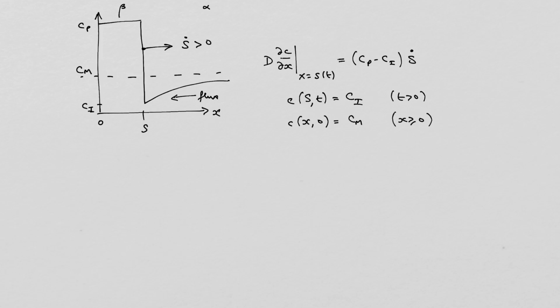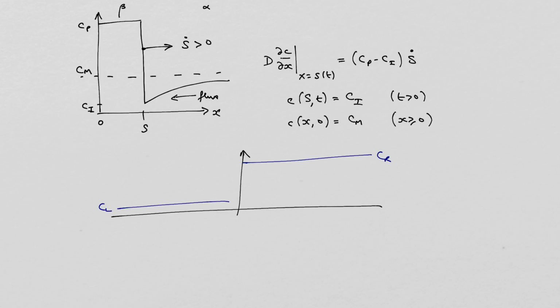Let's revisit our step solution. Remember we were considering here and here, a concentration to the left, a concentration to the right. And we had that thing that no matter what the time was, the concentration in the middle was always C bar, the average of the two.